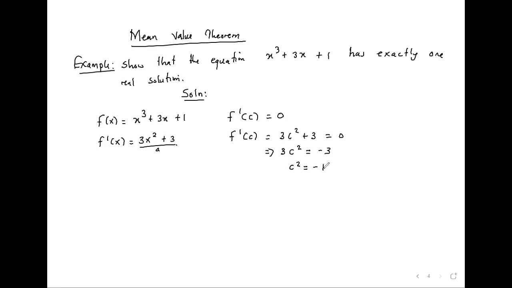Since there is no such C, it means we cannot find two numbers where this is differentiable and continuous. So because I can't find the actual values, what does it mean? It means that we only have exactly one solution that will neutralize this into 0.